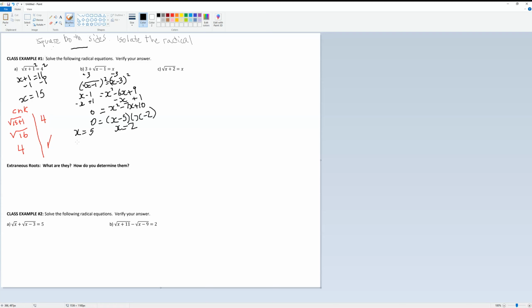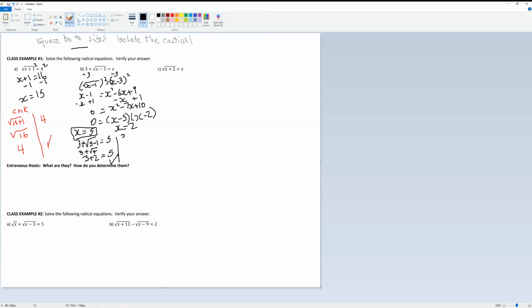Okay, we're going to check both of these. So 3 plus the square root of 5 minus 1 equals 5. So this is 3 plus the square root of 4, that's 3 plus 2, and that does equal 5. So x equals 5 works. Now let's check x equals 2.